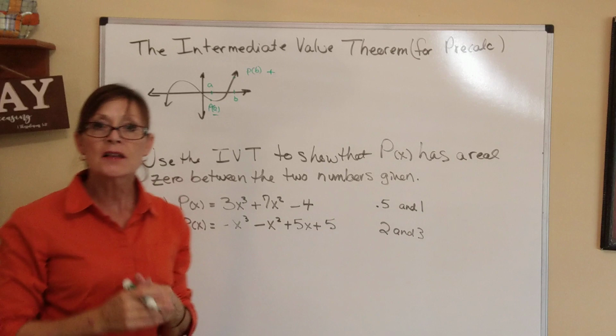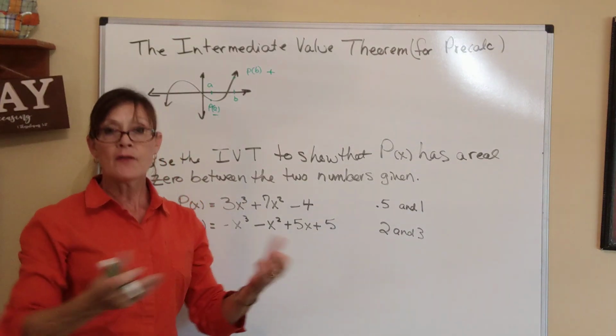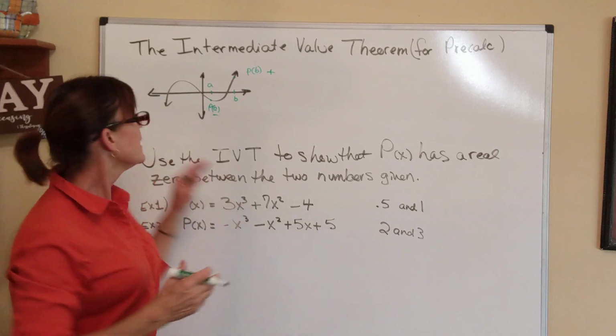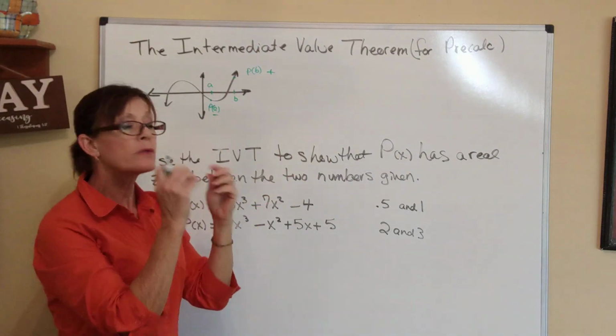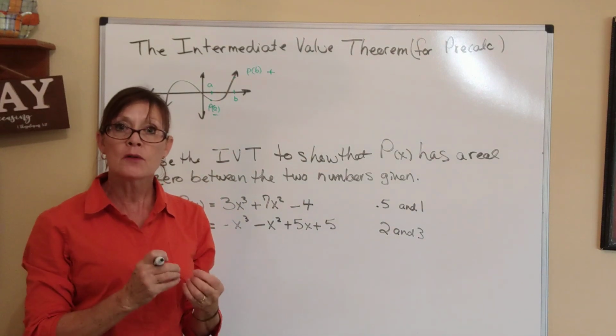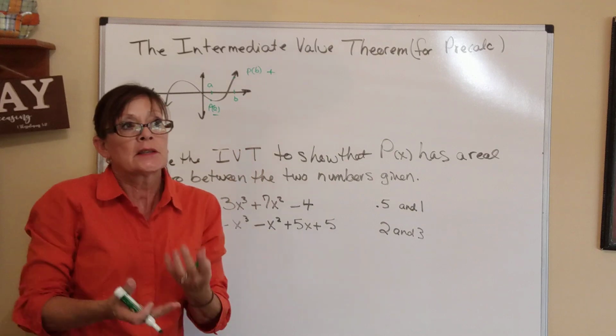Then, because polynomials are continuous functions, and we don't have a big discontinuity anywhere, then it absolutely has to cross the zero line, so there must be a zero between x is a and x is b. That's basically what the theorem says.